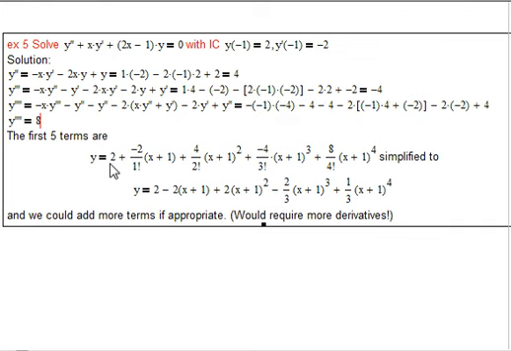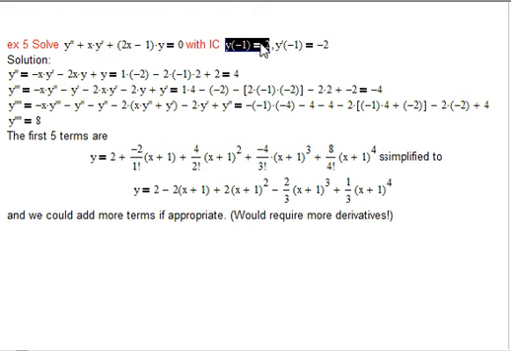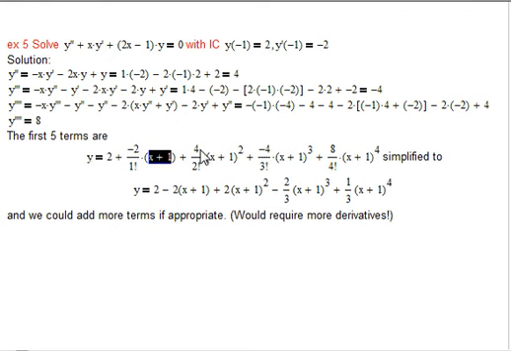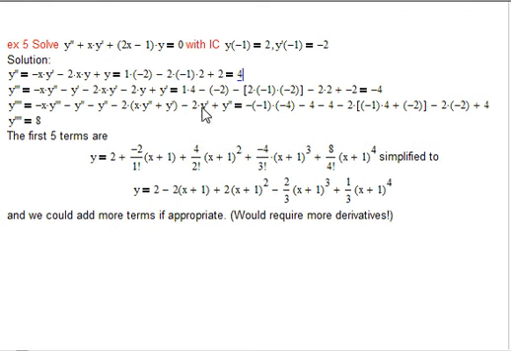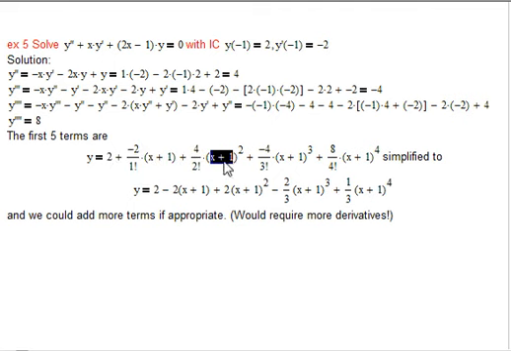So the first 5 terms: we got 2 from this initial condition, plus negative 2 over 1 factorial times x minus negative 1, so it would be x plus 1, and then 4 from this over 2 factorial times x plus 1 squared, and then this negative 4 over 3 factorial times x plus 1 cubed, and then plus 8 over 4 factorial times x plus 1 to the 4th.